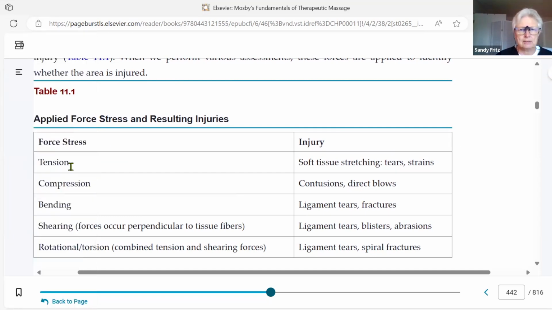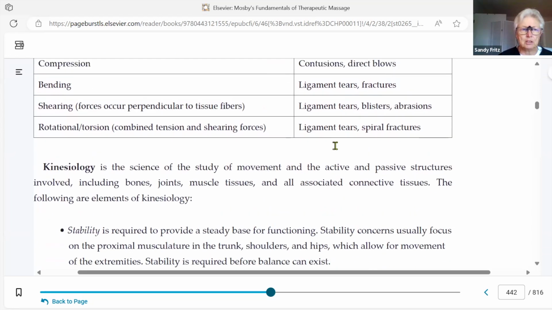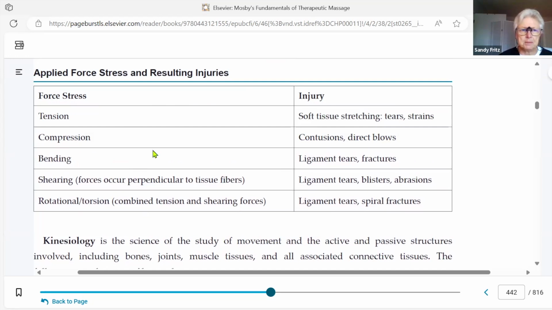So attention, stress, force, stress, tension loading. If it is going to be causing an injury, this is the injury that occurs. Now, we can use these very same methods as an intervention.